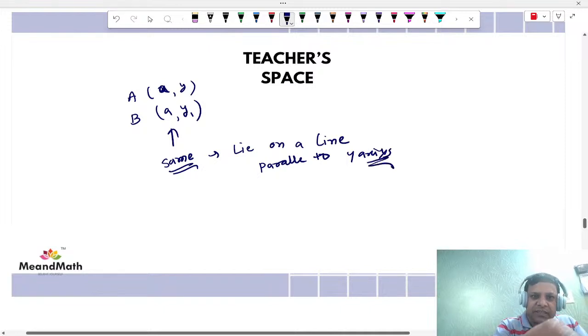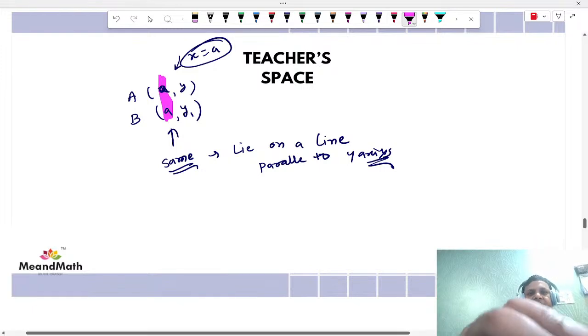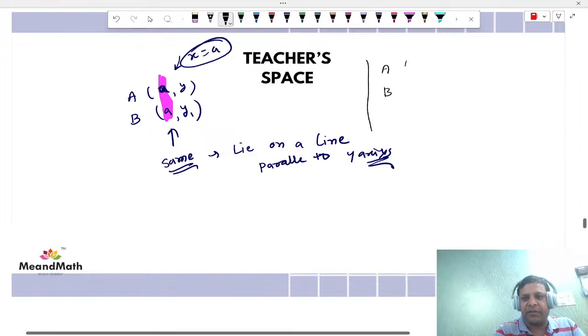And if you want to know the equation, then the equation is x is equal to a. Second point: if A and B are points like x1 comma a, it means the y coordinate is the same.